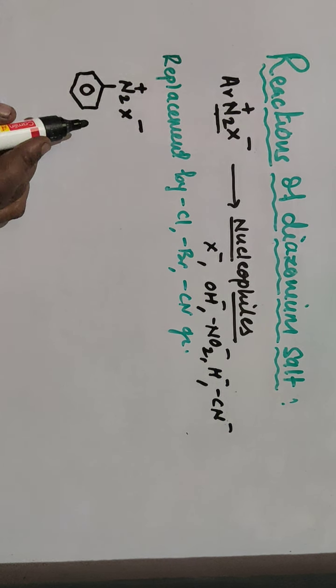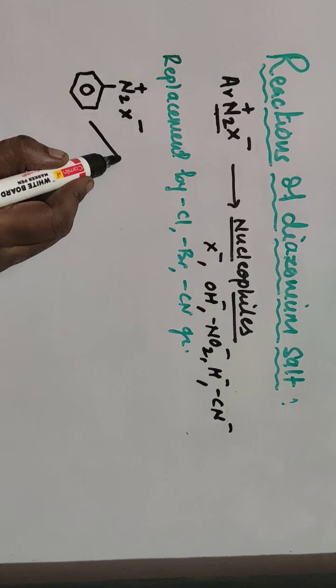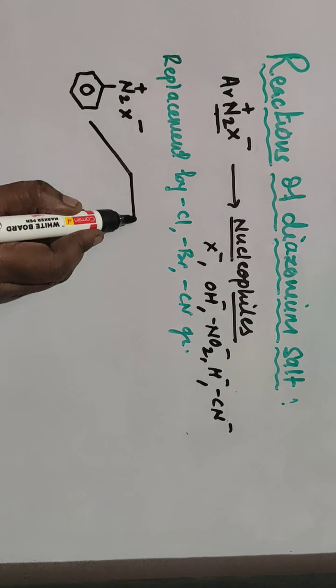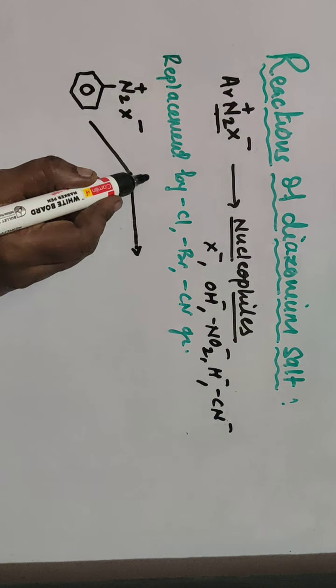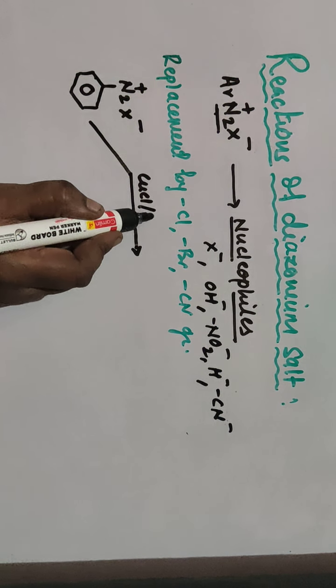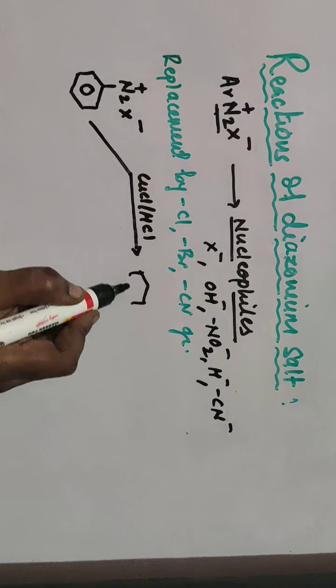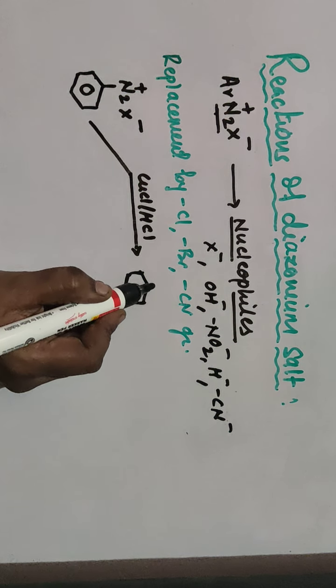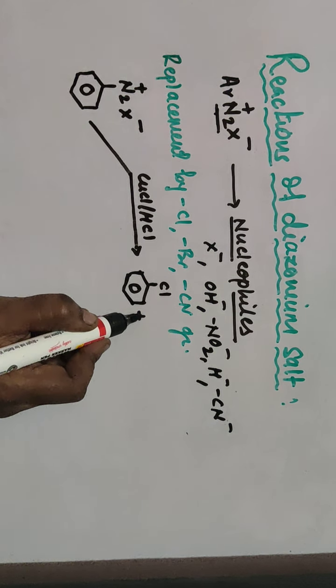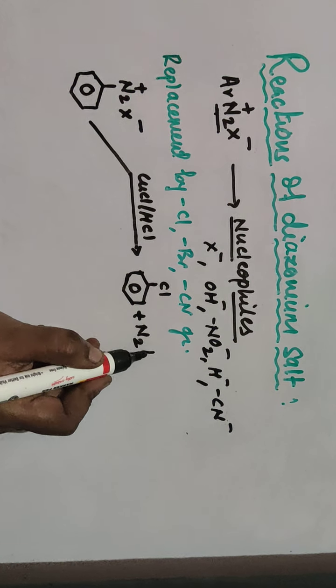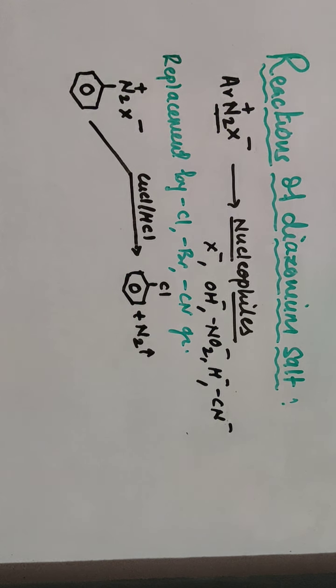So when it is treated with cuprous chloride and HCl, then in that case you will get here chlorobenzene along with nitrogen gas. Evolution of nitrogen gas is there.